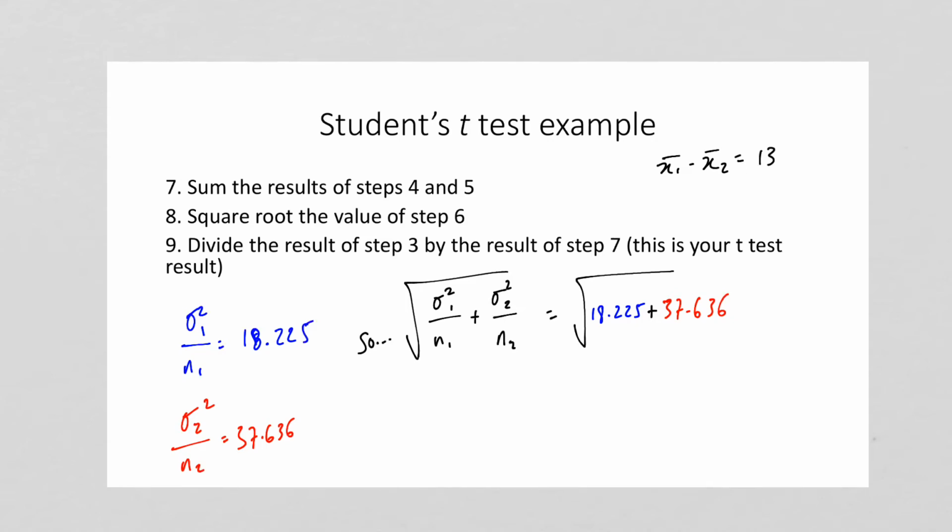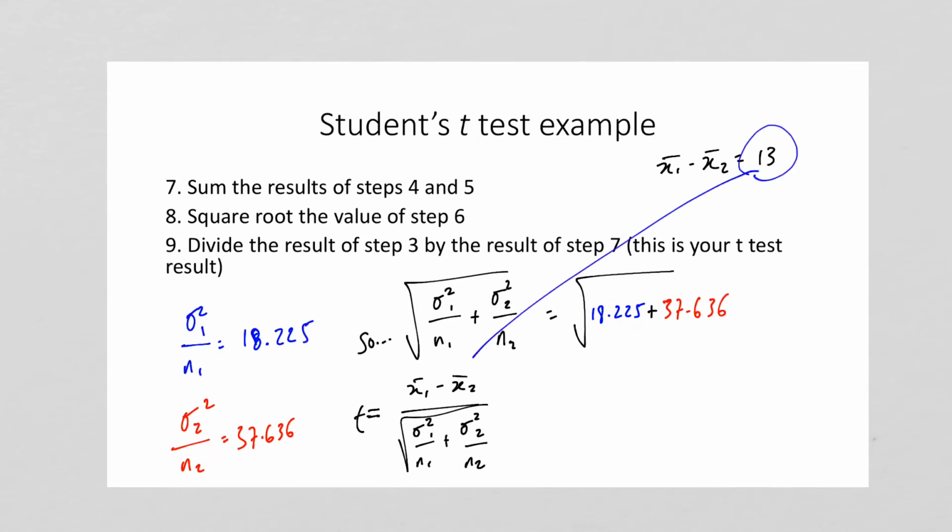So if we look at the equation again, t was equal to the difference of the sample 1, sample 2 means over the square root of... we have that, which is going to go there, and we have that, which is going to go there.